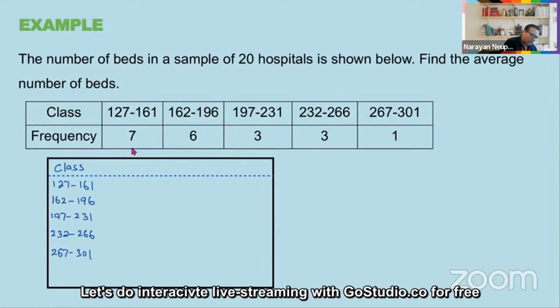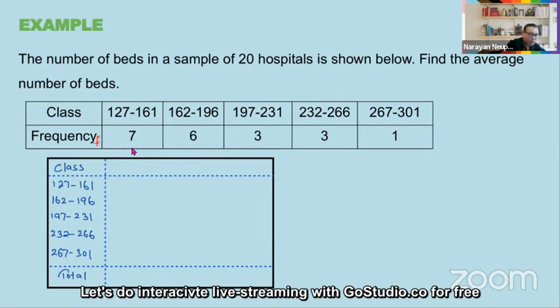These are the different values given. I need a total here.